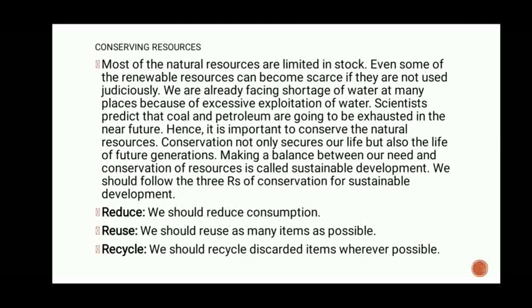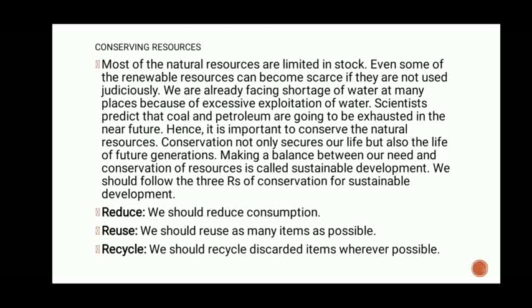We also need to understand that there is a necessity to conserve resources. We talked about exhaustibility in our previous slides. So, how we can delay the depletion is to conserve the existing resources. Most of the natural resources are not free as we think. The renewable resources are becoming scarce because we are using them so abundantly.